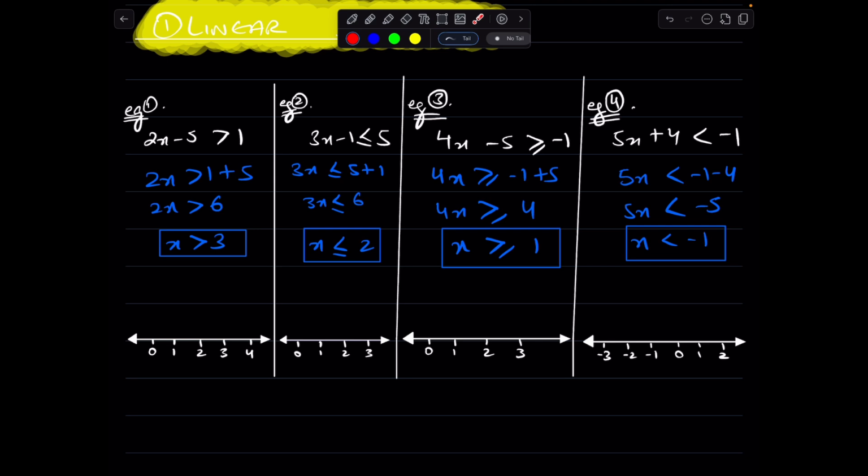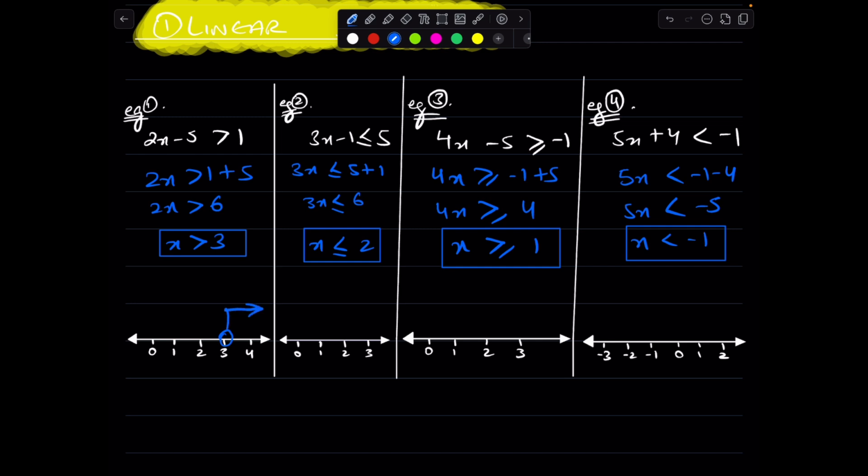So we'll start with the representation. So in the first example, x is greater than 3. So we'll make an empty circle at 3. And since x is greater than 3, the arrow will point right.